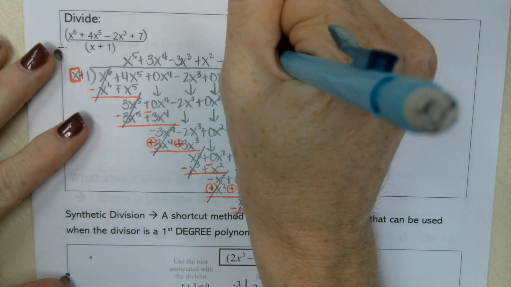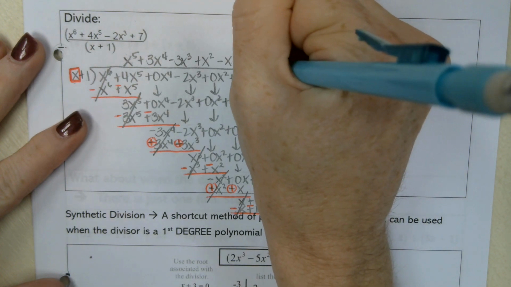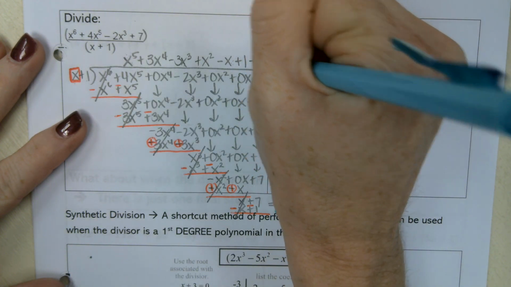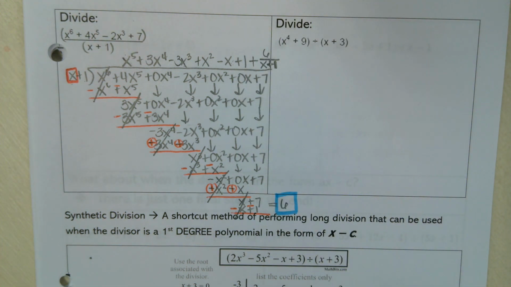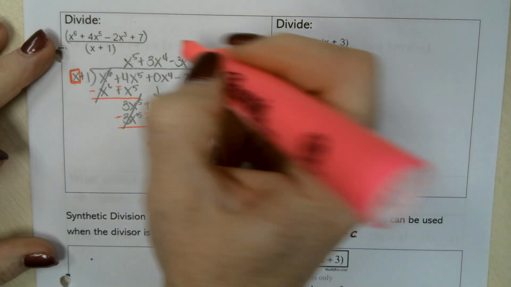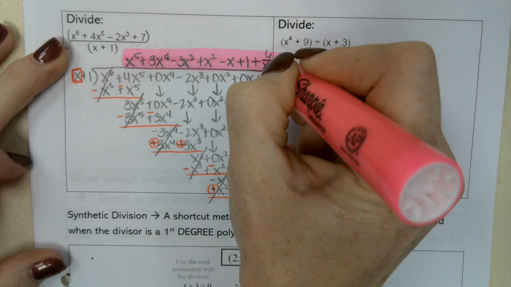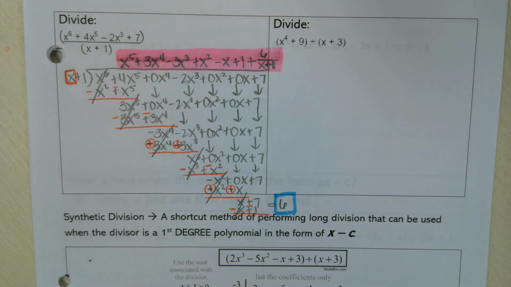I'm going to put plus 6, but I have to create a fraction. 6 over x plus 1. No, not 6, 7. Okay? My quotient is this big, ugly, long polynomial with the remainder stuck in the back.